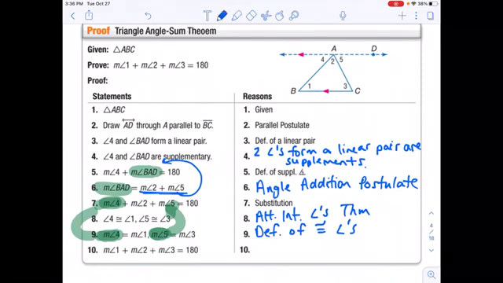And we get our prove statement. Now some of you wanted to write the word proven down here, or prove, as your last reason. That's not a valid thing that we can say. Instead, we can use substitution in this particular case. And then we're done. We have our last statement matching up with our prove statement.